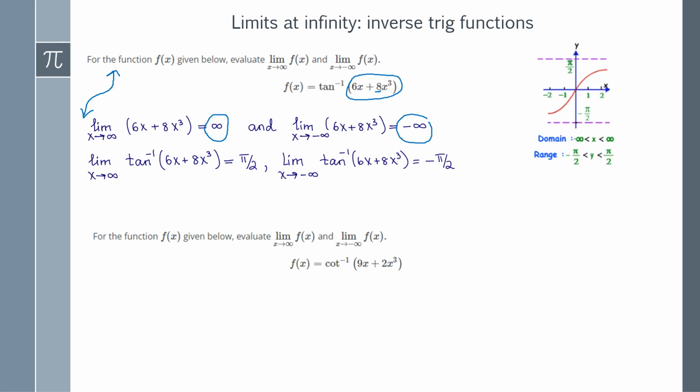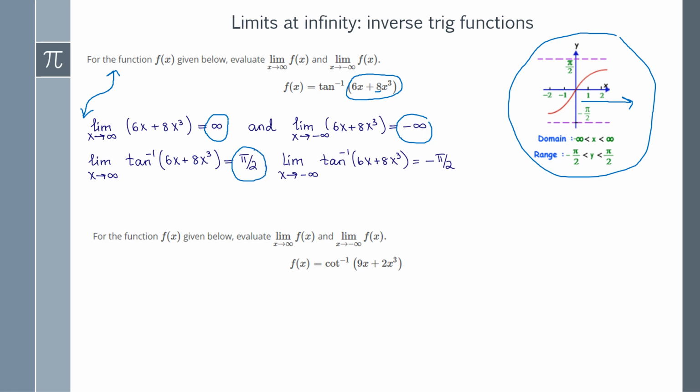And now we take a look at the graph of tangent inverse and see what happens to tangent inverse as the argument goes to infinity and negative infinity. Well, what happens to tangent inverse as the argument goes to positive infinity? Well, we see that the upper limit is pi over 2, and that's where this value comes in.